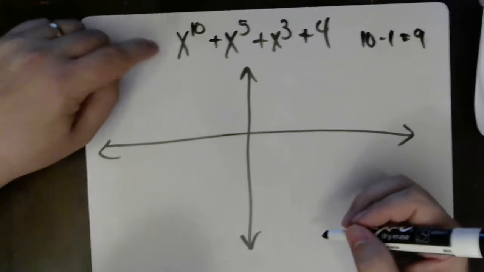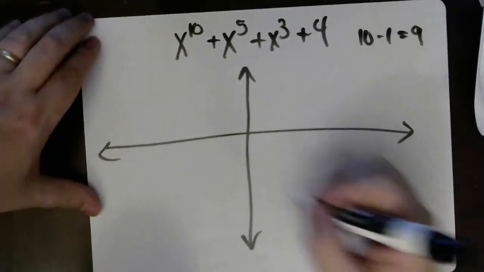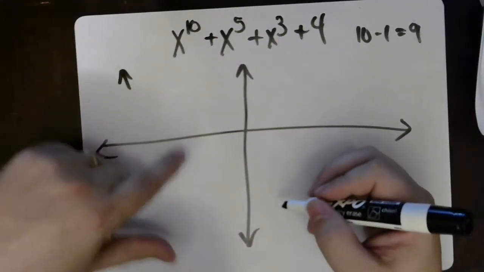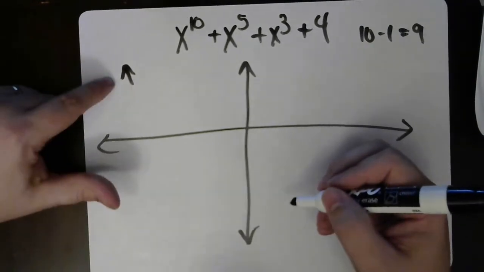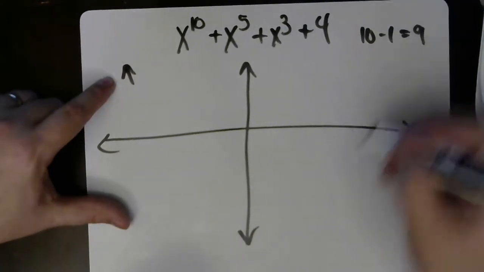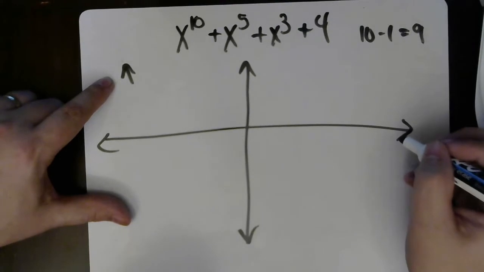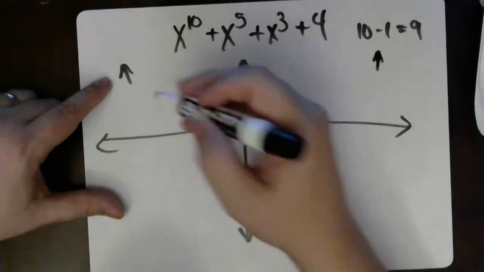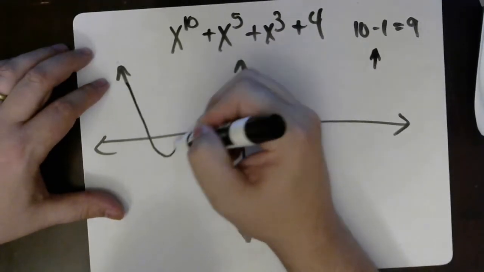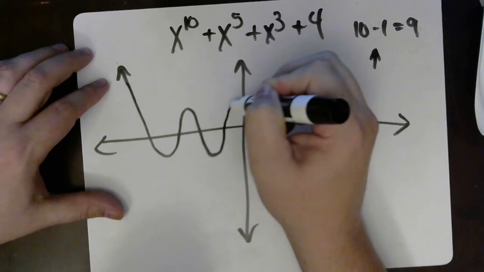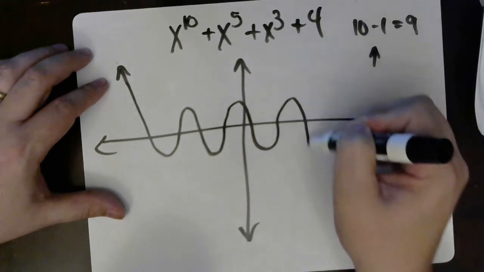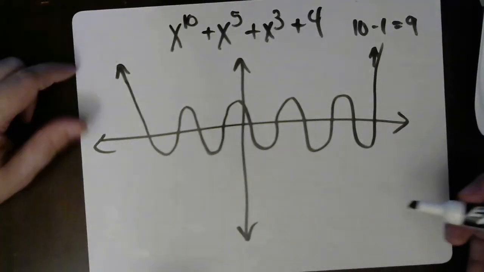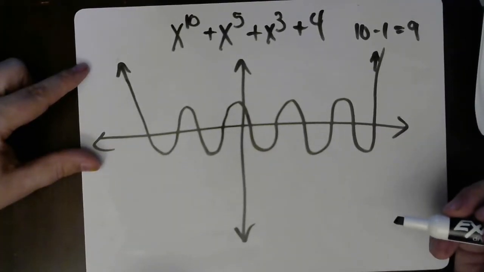That's an even polynomial, so we know that our ending behavior is as x approaches negative infinity, y goes to positive infinity, and as x approaches positive infinity, y goes to positive infinity as well. And we need 9 turning points. So 1, 2, 3, 4, 5, 6, 7, 8, 9, and that's the general idea of what is going on.